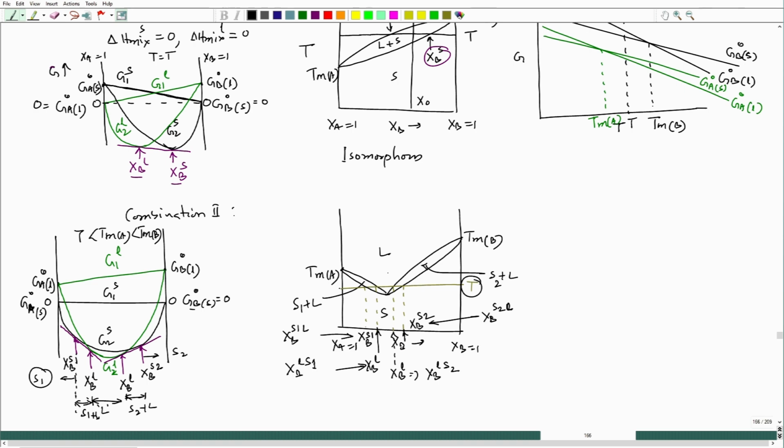So, here also we are actually having the same situation. So, here we have liquid, between these two we have S2 plus liquid, between these two we have S1 plus liquid, and left to that we have S1, right to that we have S2, and in between we have liquid.